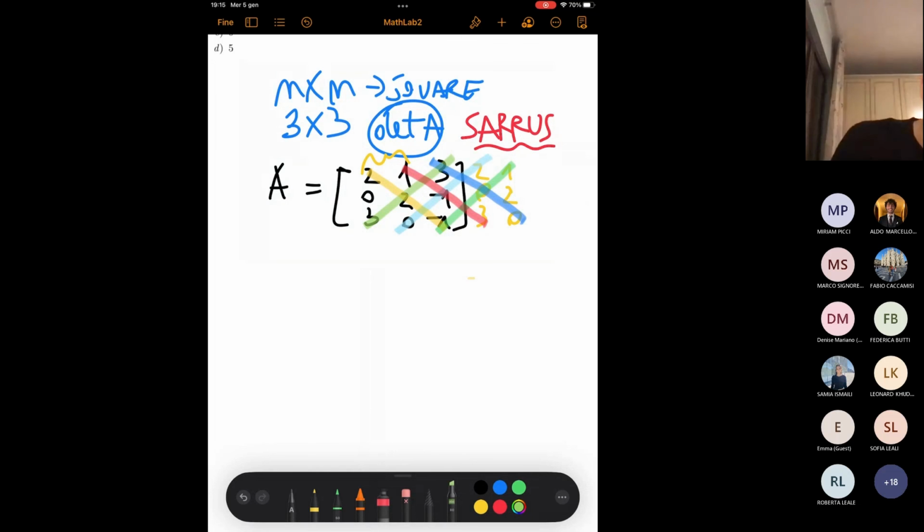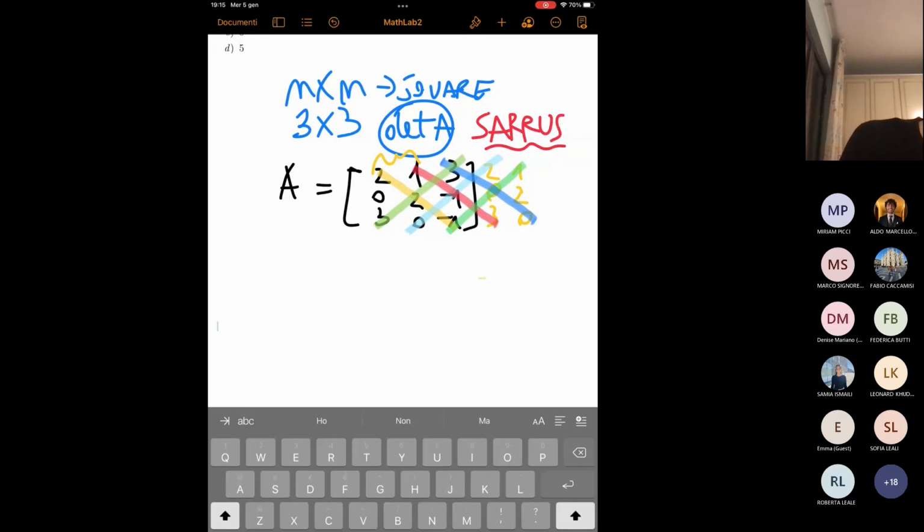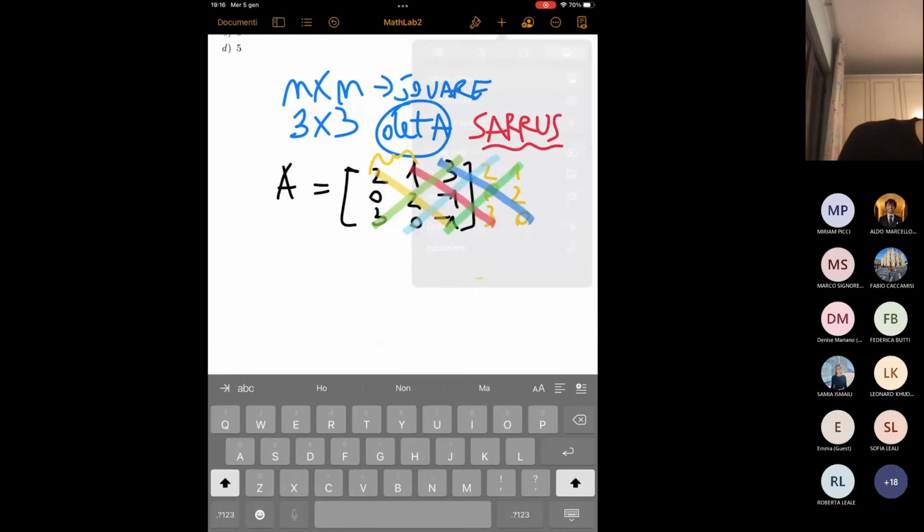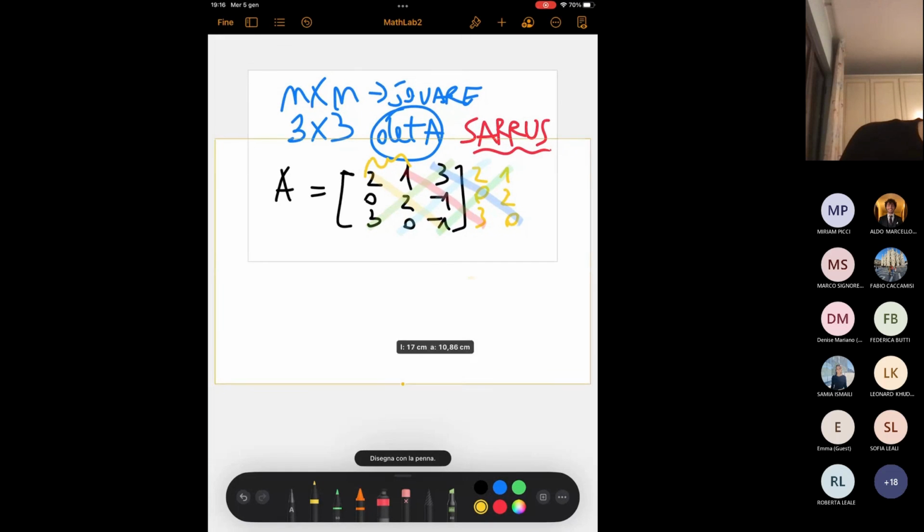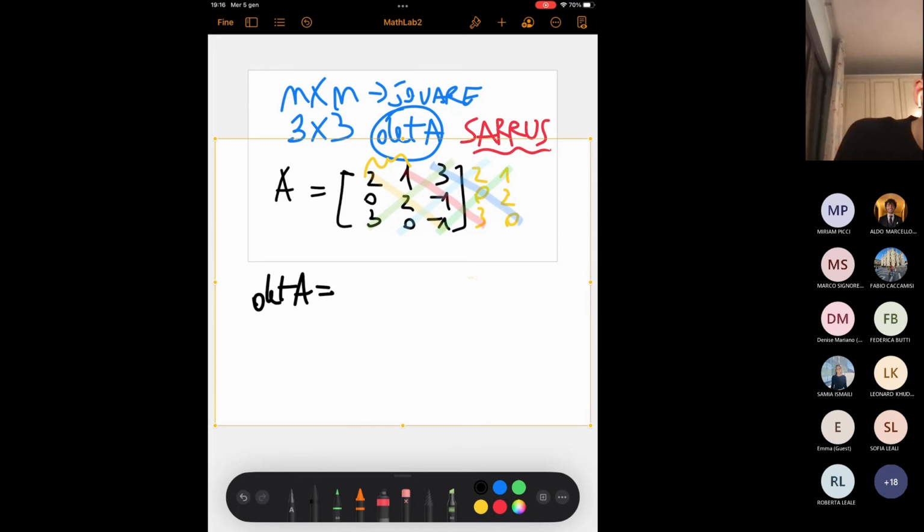And here we can use this formula to calculate the result. The determinant of A is equal to the first line, which is the green line.